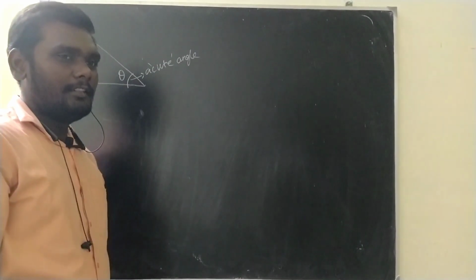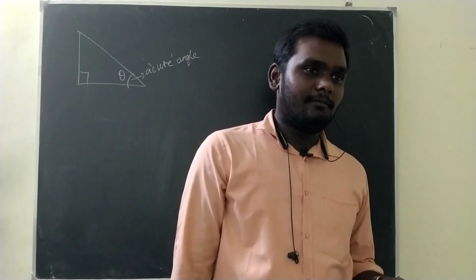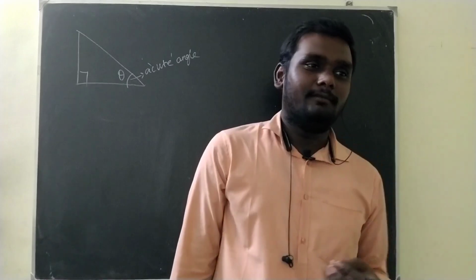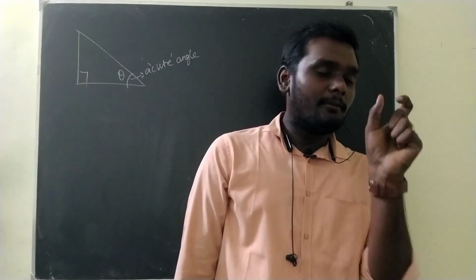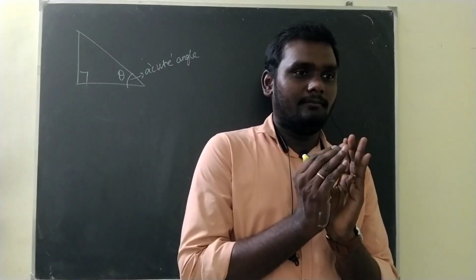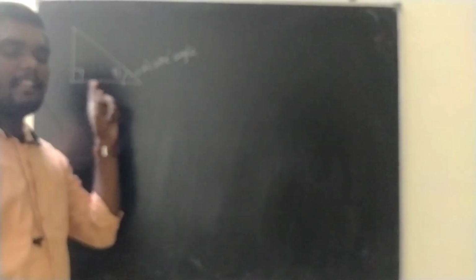Small things which are small, we call them cute, right? Kitty, cat, doggies, like this. This is also a small, cute angle. How cute? It's between 0 and 90 degrees. Small angle. Okay. And we are mentioning that angle by theta.